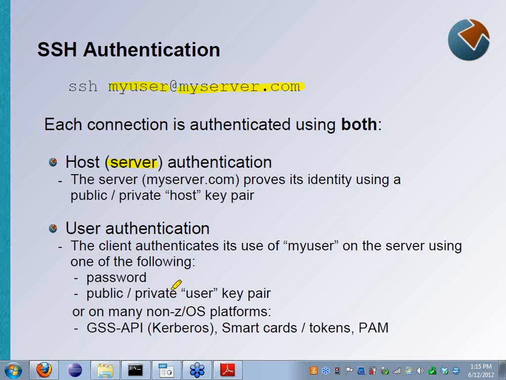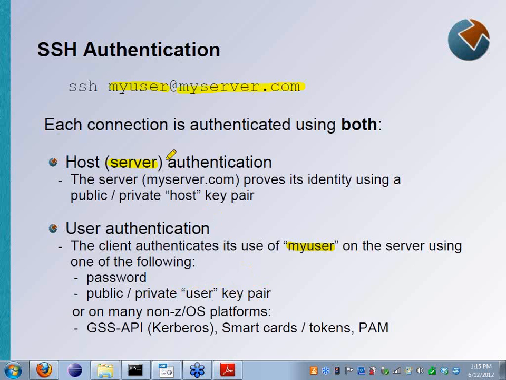Looking at it from the other side, you're going to want to log into this user on this host. This is the user ID on the target host. The host wants to make sure that the client is authenticated to use that user. Now, traditionally you might use a password, but what we're going to talk about today is that you can also use a key pair to do that.